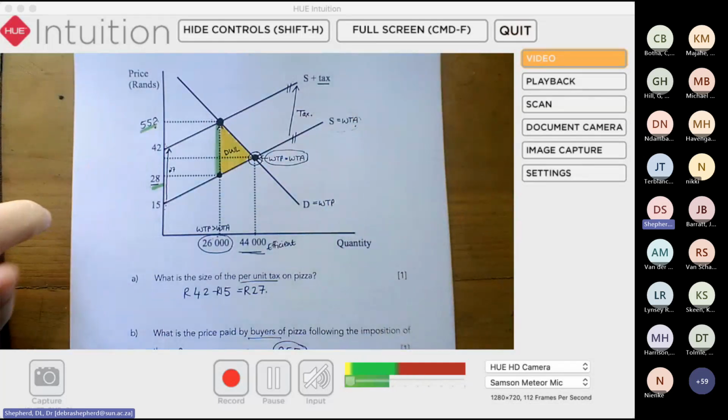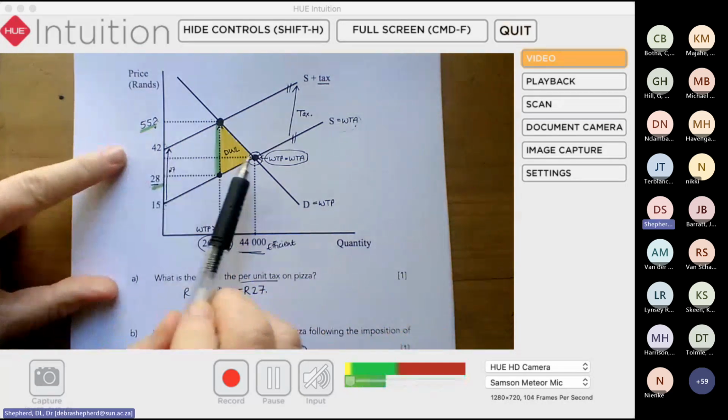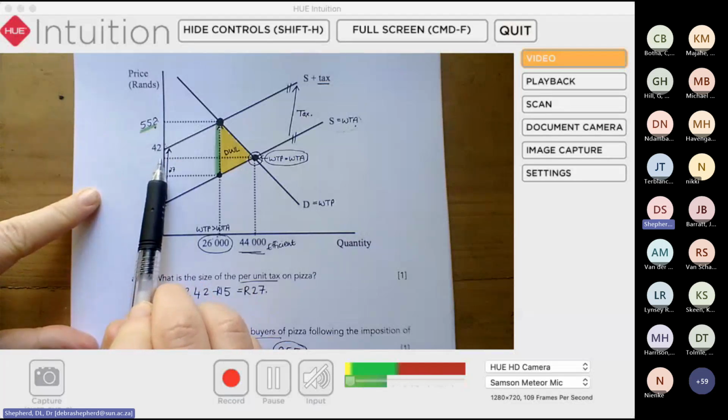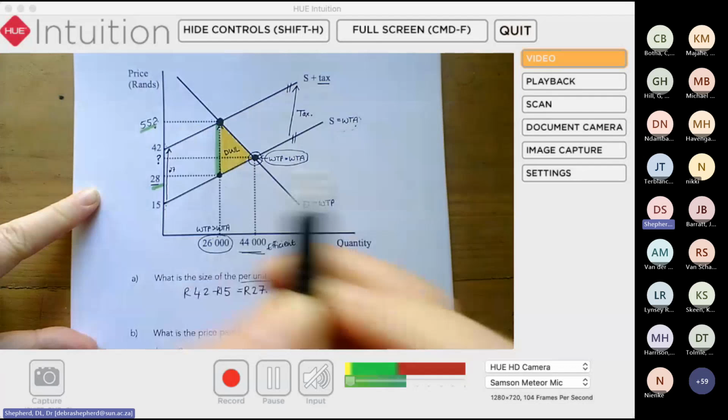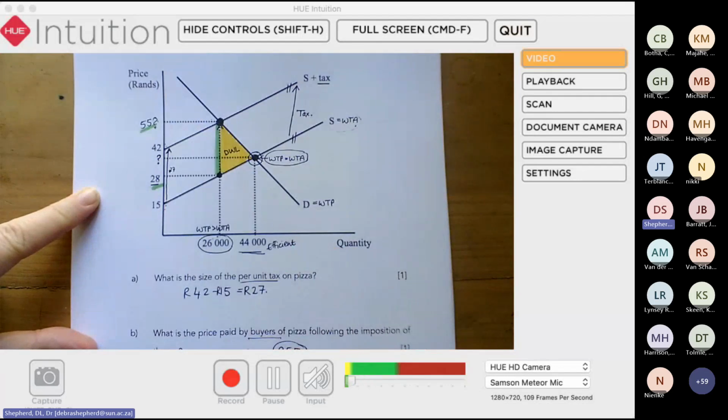How do we then go about identifying the amounts of this 27 rand tax that the buyer ended up having to incur and the amounts of this 27 rand tax that the seller had to end up incurring? What we need to know to identify the burden is what this original equilibrium price was. This is only if I want to calculate it, right?